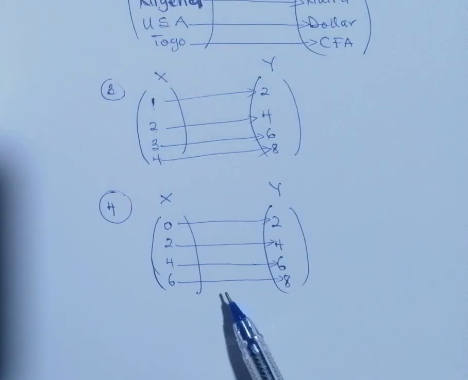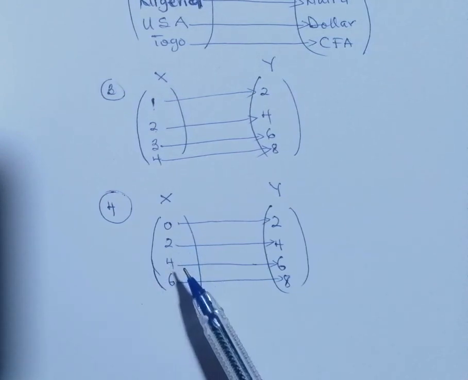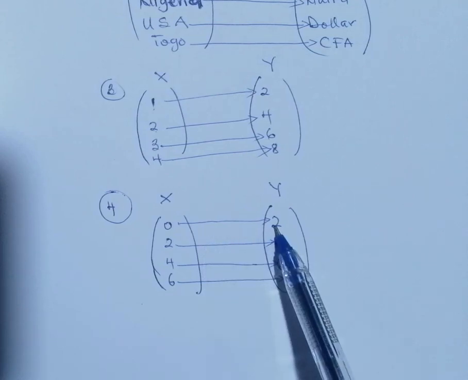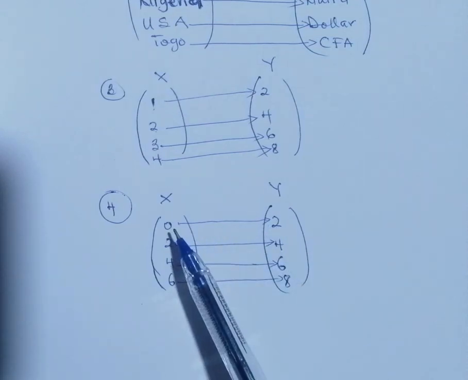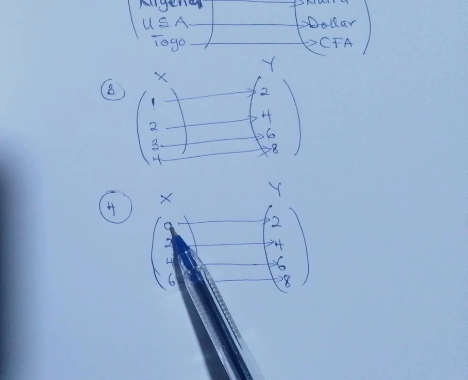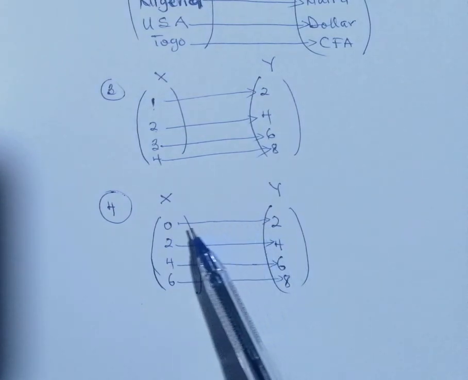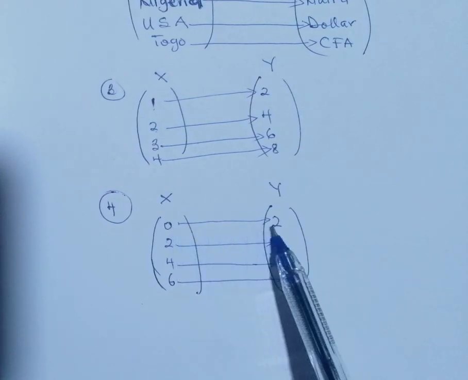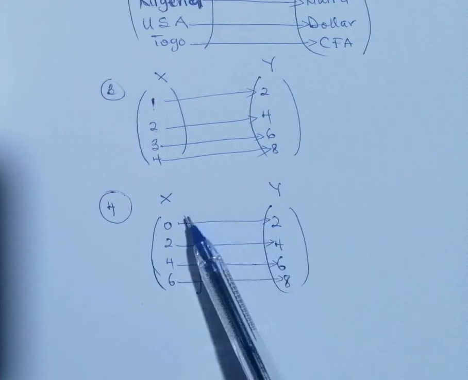So here we can give the rule as, okay, let's try this. If I multiply 0 by 2, will I get 2? When you multiply any number by 0, you are still getting 0. But looking at the first one, when you multiply 2 by 0, you didn't get 0, instead we got 2. So how then did we get the 2?